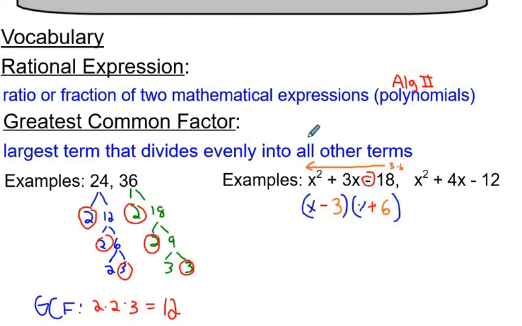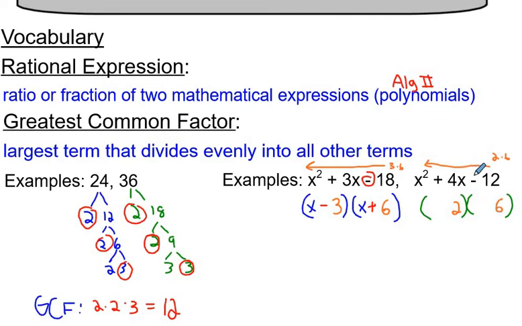Now, when we look at the next expression, we're going to factor it the exact same way, but we have different numbers. But the hope is that there'll be something in common, right? Greatest common factor. So 12, again, we're going to start factoring it by going this direction. The factors that are going to subtract to 4 would be 2 times 6. So I'm going to put my 2 here and my 6 here.